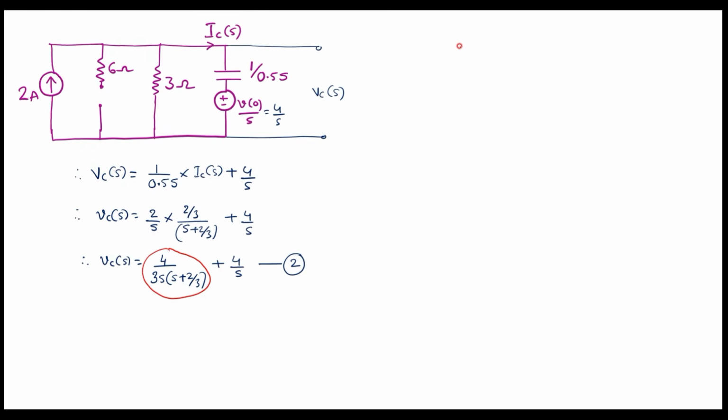That is, 4 divided by 3s in bracket s plus 2 by 3 is equal to, say, a by s plus b divided by s plus 2 by 3. Simplifying this, I can write 4 by 3 is equal to a in bracket s plus 2 by 3 plus b into s. Now let's calculate the constants a and b.